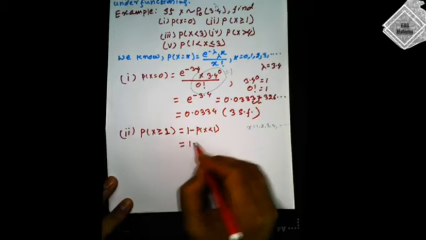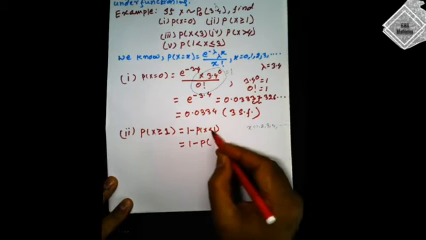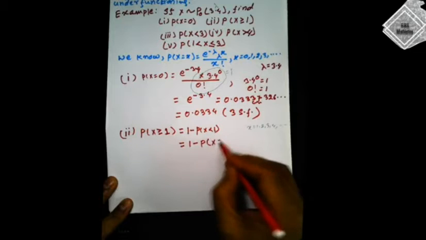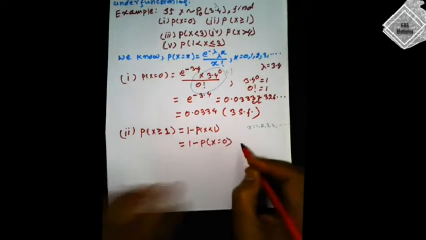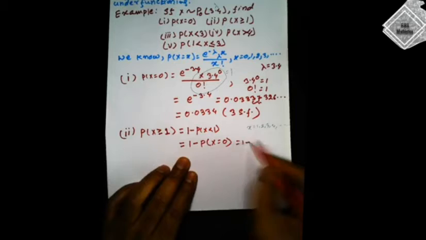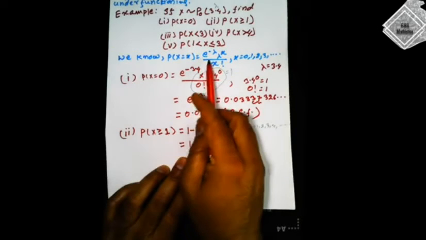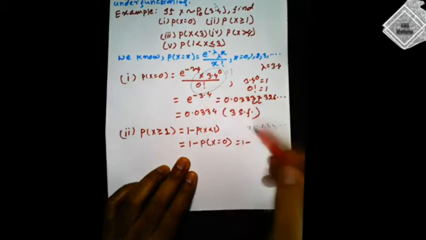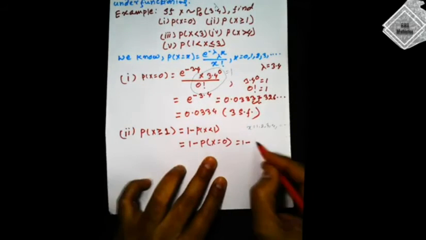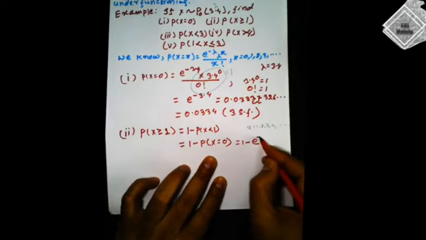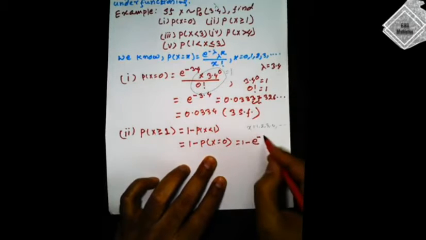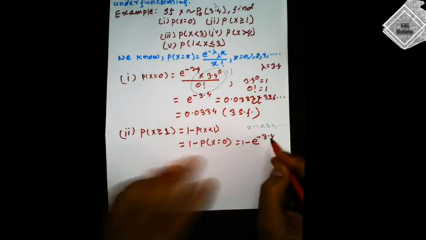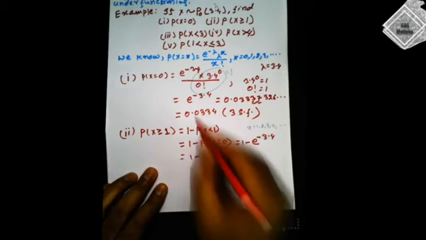So it is 1 minus P, and the number which is less than 1 is X equals 0. You don't need to write all this sort of thing, because we know that at X equal to 0 it's going to be e to the power negative lambda. In place of lambda we have 3.4, and 1 minus, we already have this value.